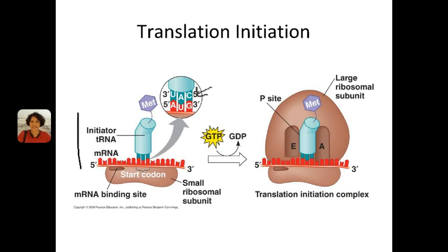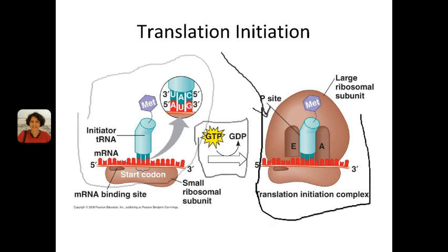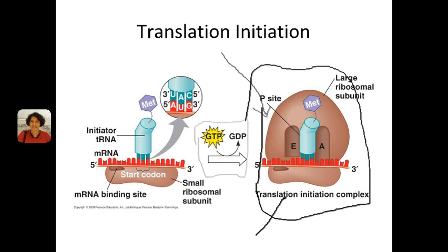This complex is going to need the hydrolysis of a GTP to recruit the large subunit of the ribosome, and now we're going to be ready for adding more amino acids. So now you've got the translation initiation complex formed, and we see how the first amino acid is going to be located.